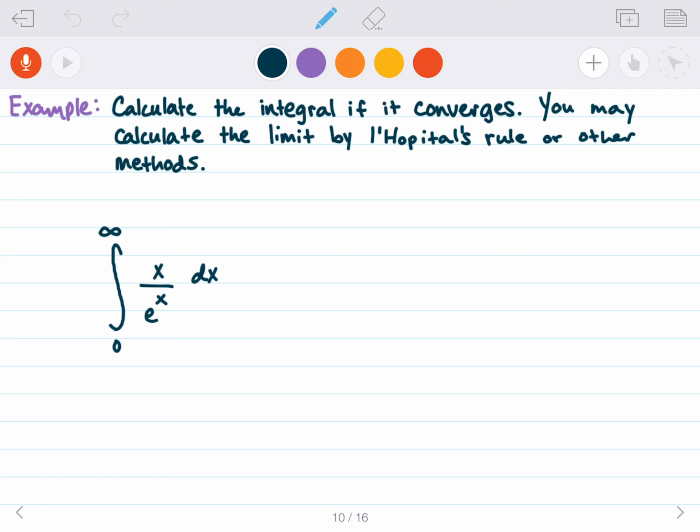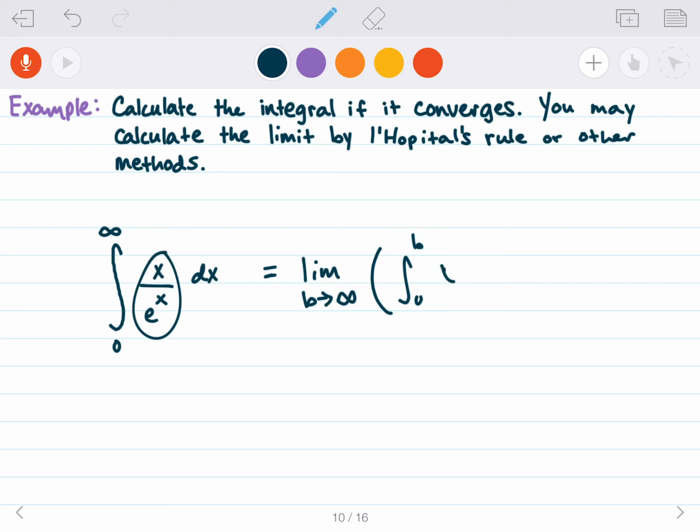What I'm going to do is first rewrite this so that we have a limit problem. b is approaching infinity, from 0 to b, and I'm going to rewrite this a little bit.